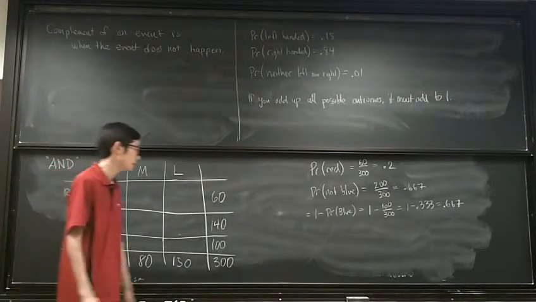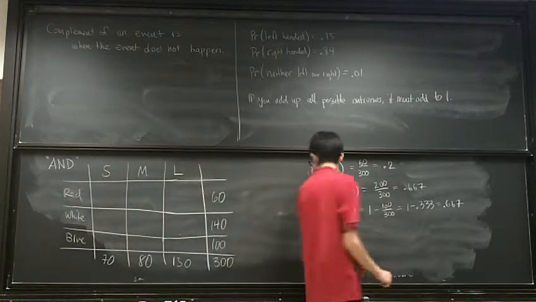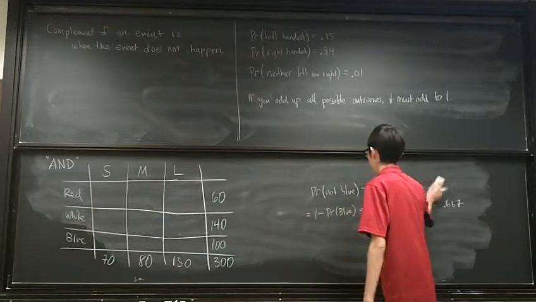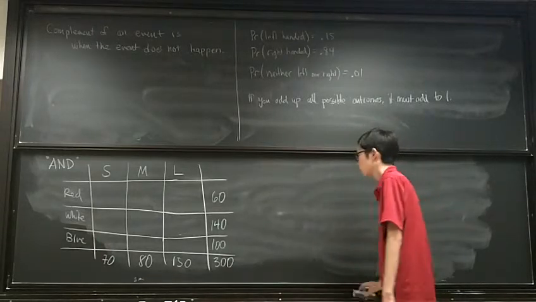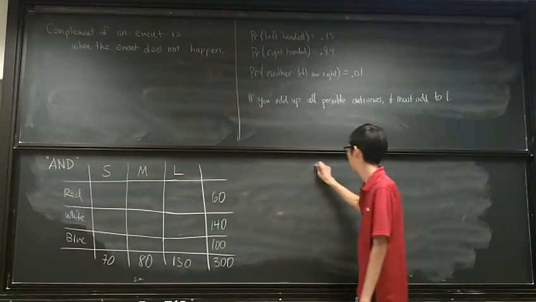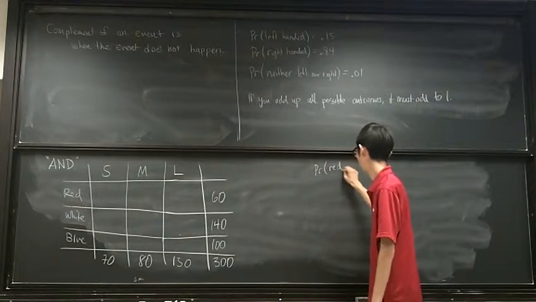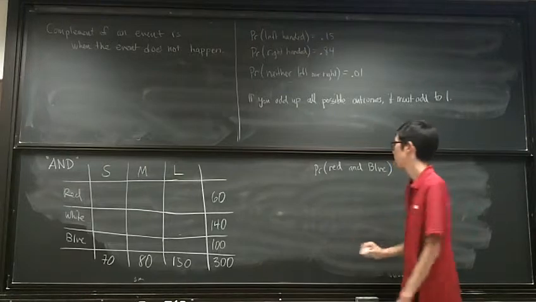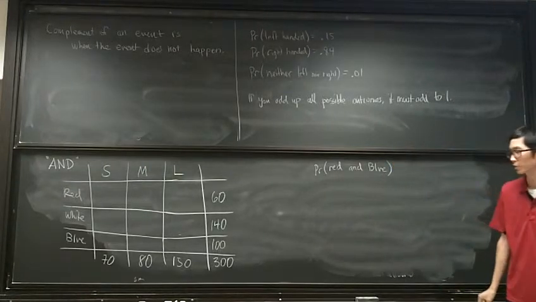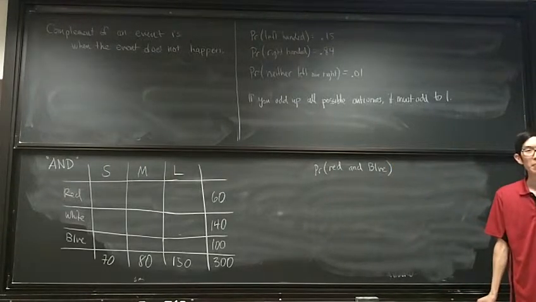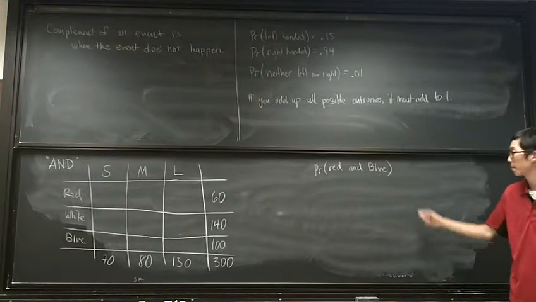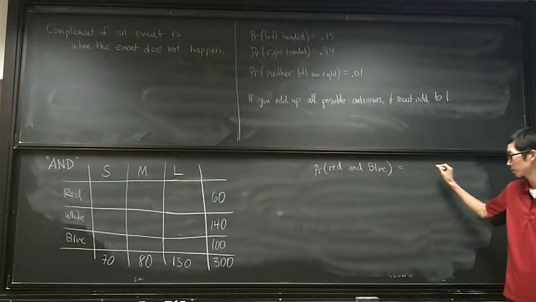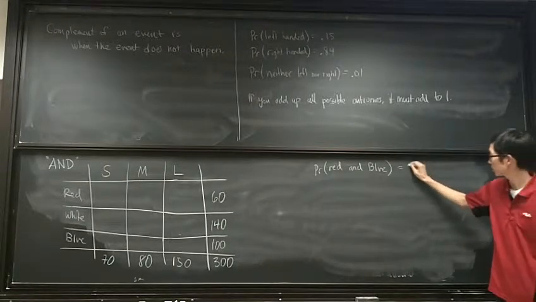Alright, so if I said, what's the probability that a shirt is red and blue? 0.